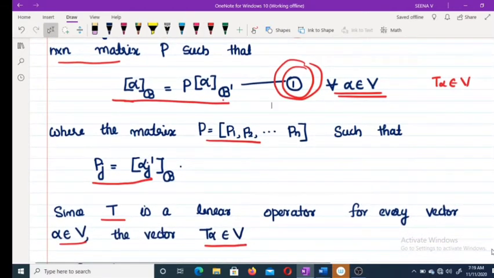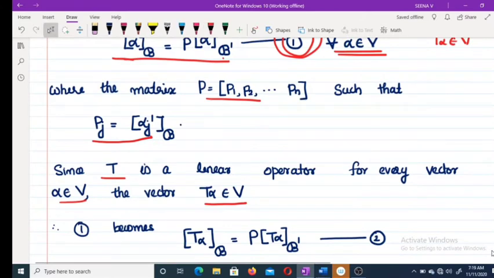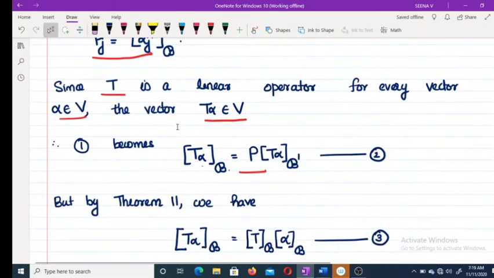So if we apply this result, we get T alpha related to B equal to P into T alpha related to B dash. Clear? Because it is true for every alpha belongs to V, and T is a linear operator, therefore T alpha belongs to V, therefore this result is true for T alpha also. Okay, clear? Therefore we have this result.